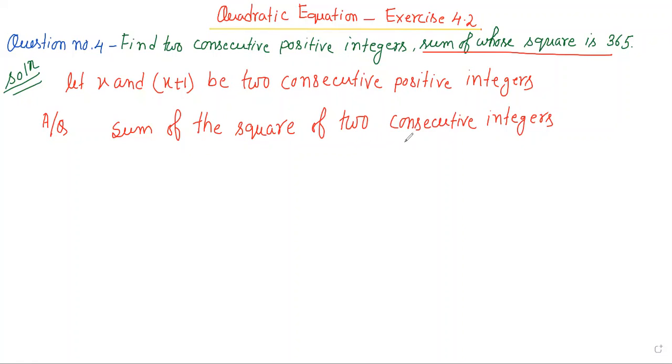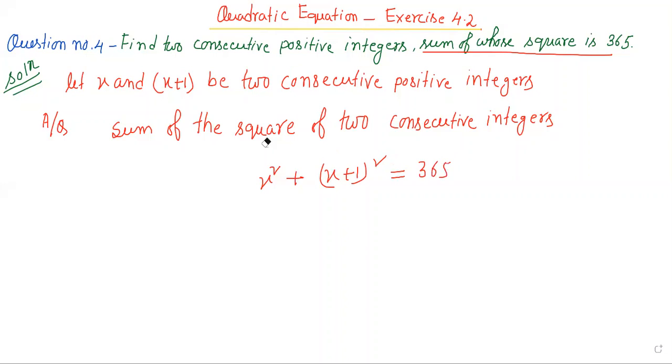Now try to understand the square of two consecutive integers: the square of this one and the square of that one. The sum of the squares of two consecutive integers means x square plus x plus 1 whole square is equal to 365. So this is the meaning of it.